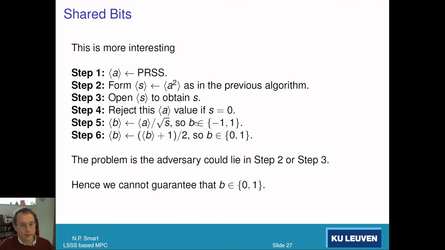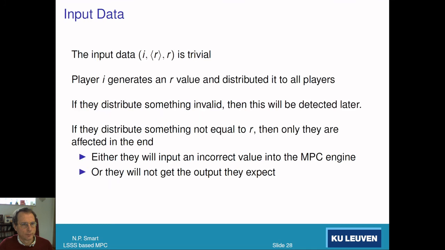So now we've got a value that's either minus 1 or 1, and we can turn it into a bit by adding 1 to it and dividing by 2, which is again a linear operation. Here we have some communication in step 2 to do Maurer's multiplication to get the square, and some communication to open this squared value, but the rest is all just linear operations. It's very simple. So that's how we do shared bits.